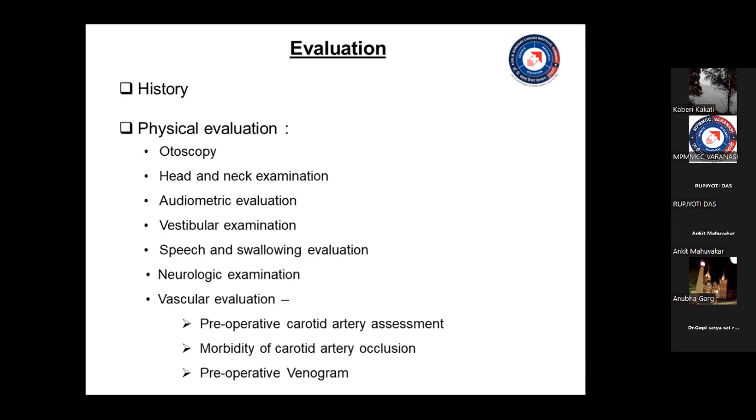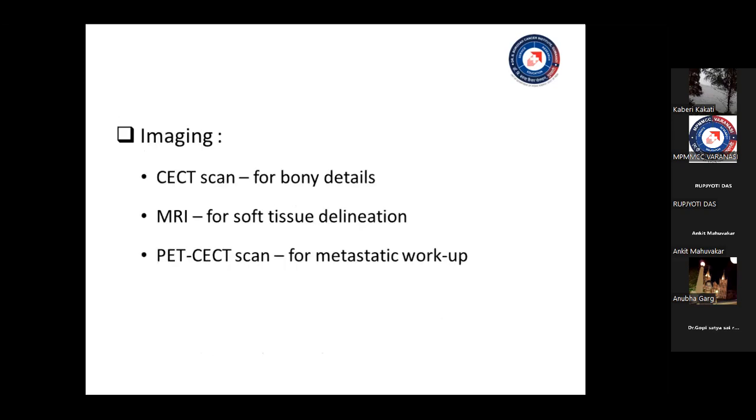A preoperative venogram is also important in case we are planning surgery and these structures might get involved. So we'll have to have a preoperative knowledge about the structures. For imaging, CT scan for the bony details, MRI for the soft tissue details, and PET CT for the metastatic workup.